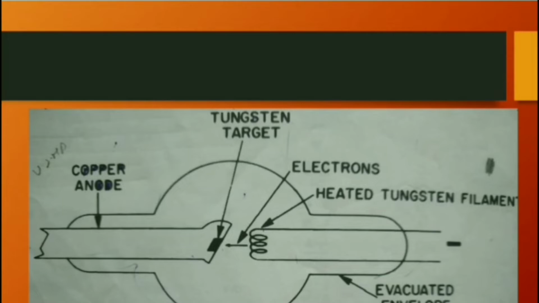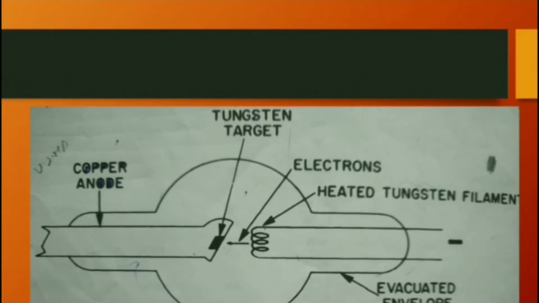And that tungsten produces electrons which are then accelerated towards the anode where X-rays are formed. Remember, electrons are made by the filament, the cathode, and X-rays are formed at the anode.